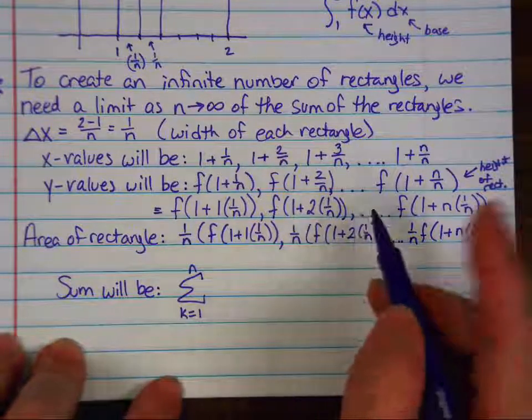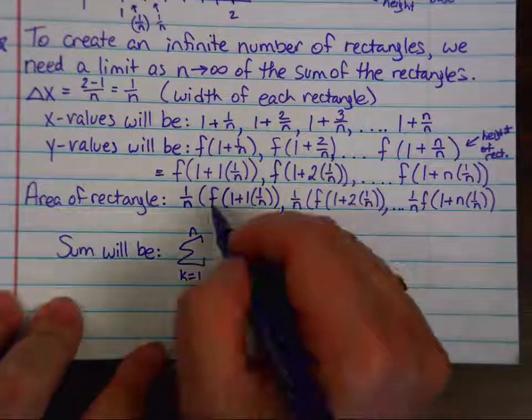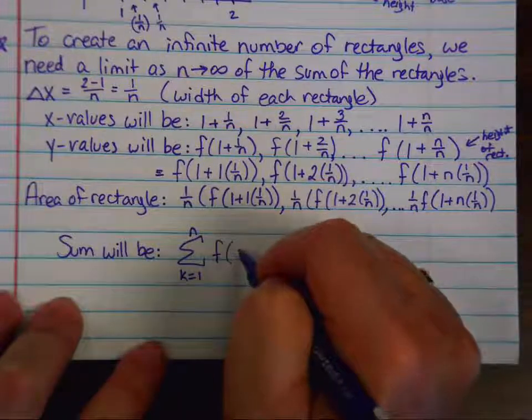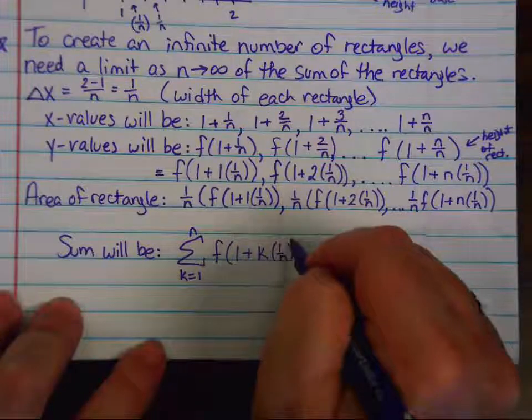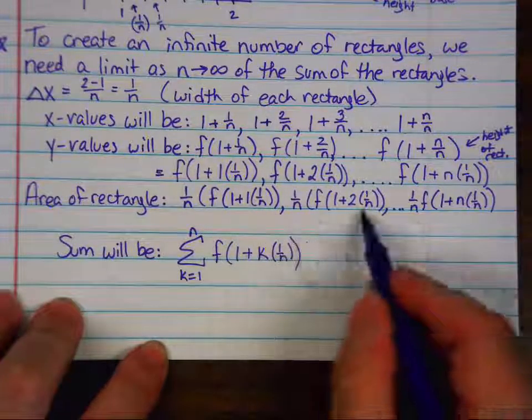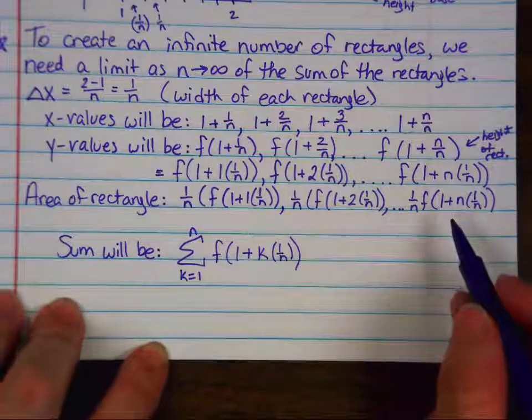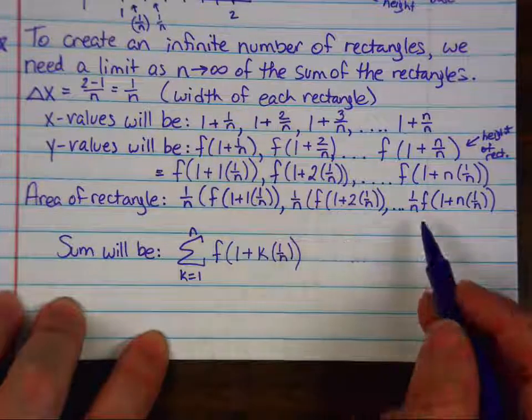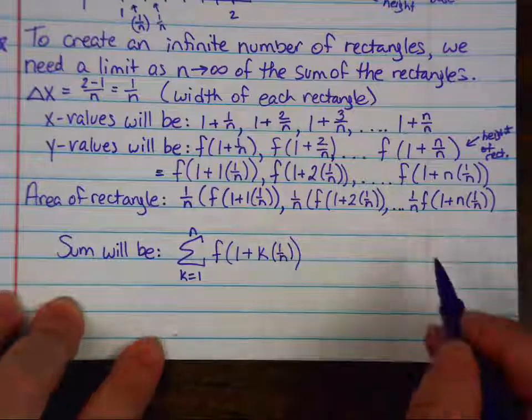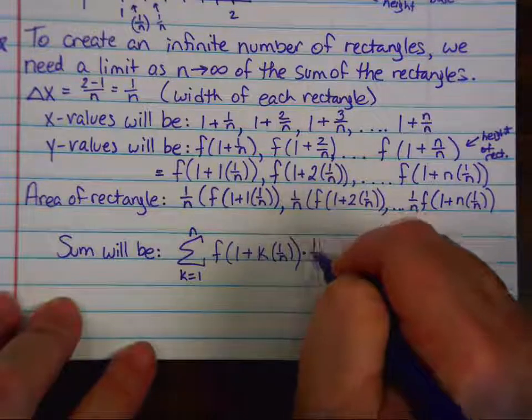Just bear with me, I'll show you why in a minute. So we're going to write f of 1 plus k times 1 over n. Isn't that true? Every time I change, the only thing that's changing is k. Right? K is first 1, then it's 2, then it's 3, then it's all the way up to n. And then I've got times 1 over n on the end.